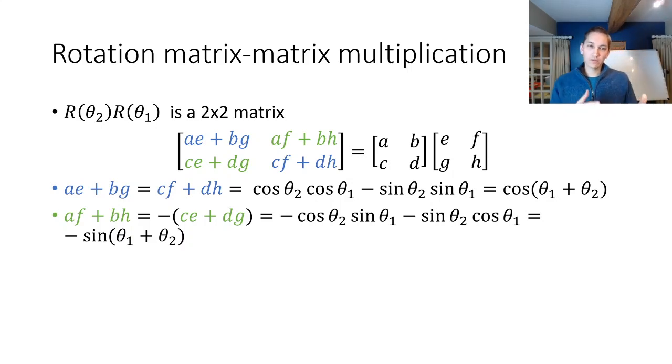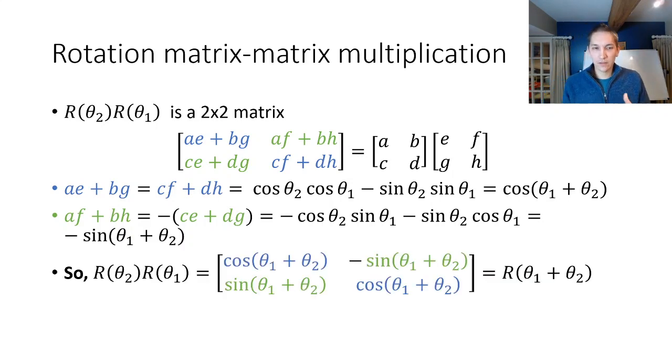And if you do the same thing for the off-diagonals, you'll find that this is negative cosine theta 2 times sine theta 1 minus sine theta 2 times cosine theta 1, which is equal to negative sine of theta 1 plus theta 2. And so this proves that the composition of these two matrices is simply the rotation matrix as a function of the sum of the two angles.